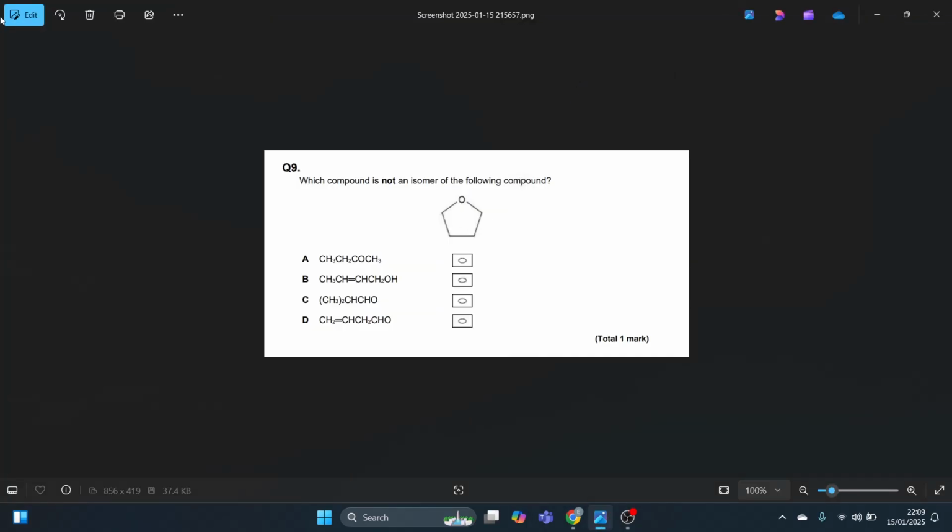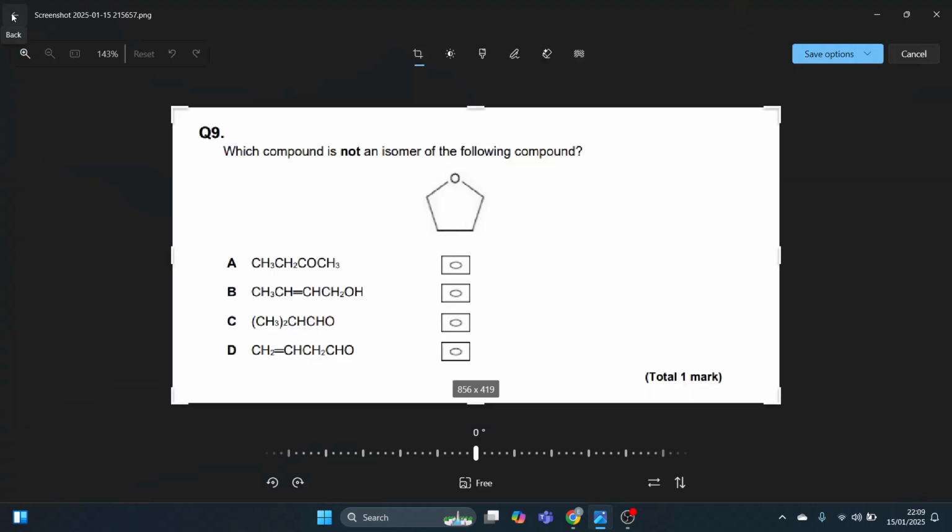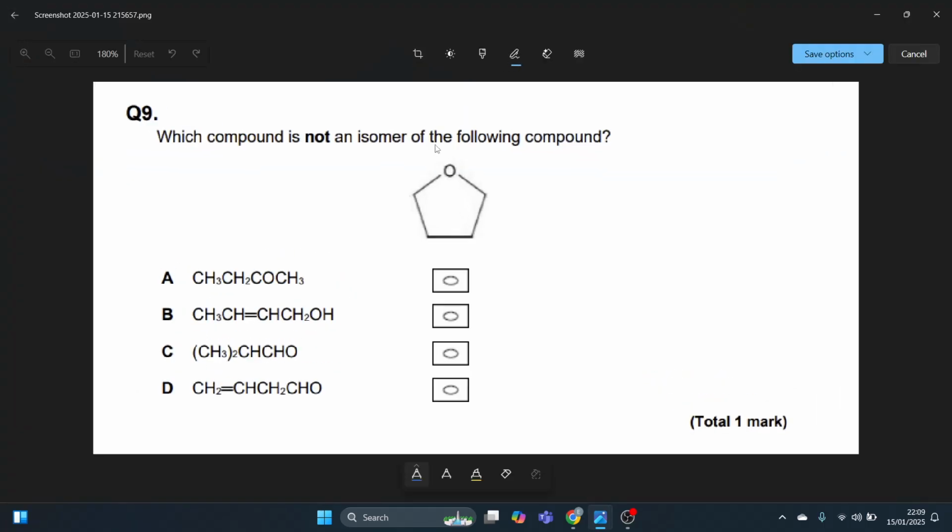Question 9. Which compound is not an isomer of the following compound? Now this one, if I look at this one, we're not an isomer. A definitely is. 1, 2, 3, 4. 1, 2, 3, 4. 1, 2, 3.